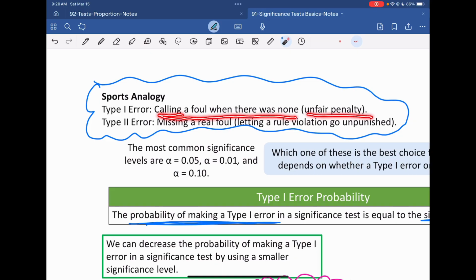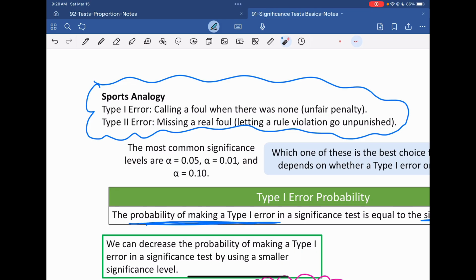Unfair penalty. They think you tripped somebody up, but you didn't. So wrongfully accused. Type 2 error is missing a real foul. Somebody did foul you, somebody did try to trip you up, and the refs did not catch it. So letting a rule violation go unpunished.